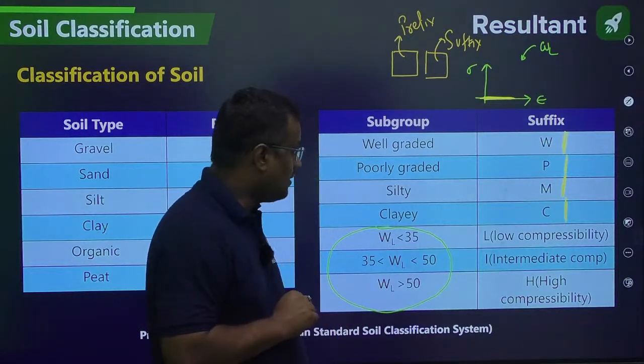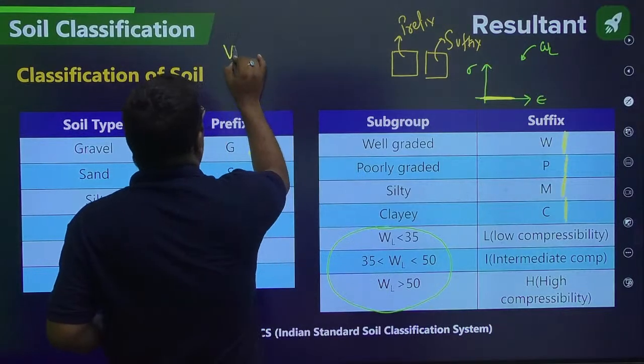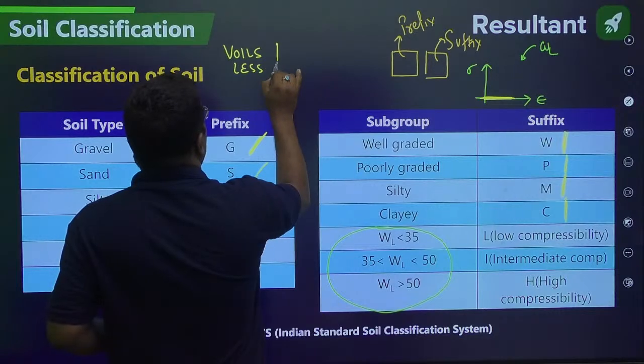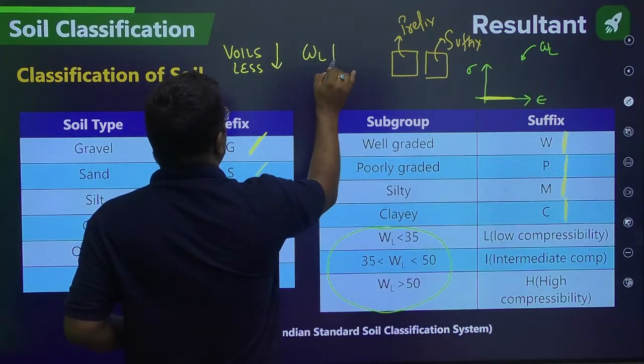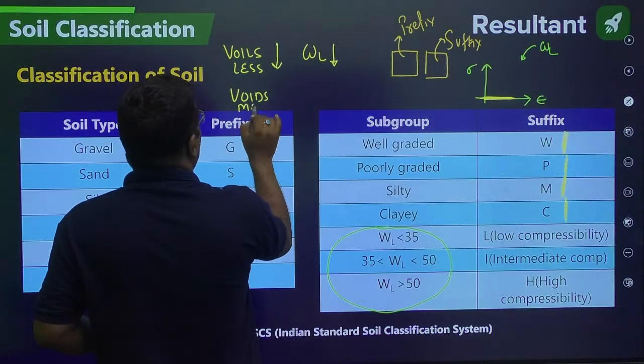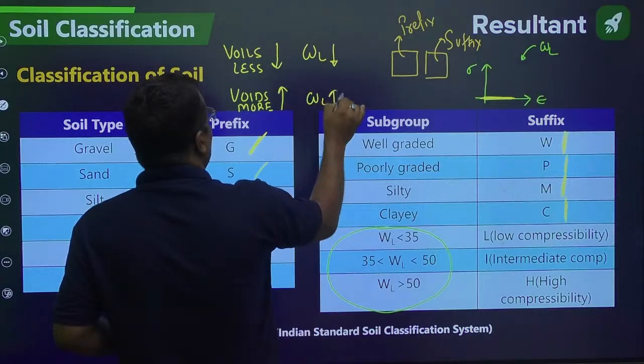Now, guys, usually what happens: if voids are less in a soil, then the liquid limit of that soil is less. If the voids of a soil are more, then the liquid limit will be more. Why, sir?